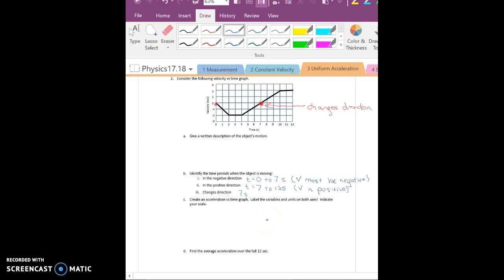Okay, then it asks us to create an acceleration versus time graph. They haven't given us the axes, so I'm going to have to do that. So let's always label your axes, otherwise the graph is kind of meaningless, but we're going to do acceleration versus time. We have 12 seconds worth of data.